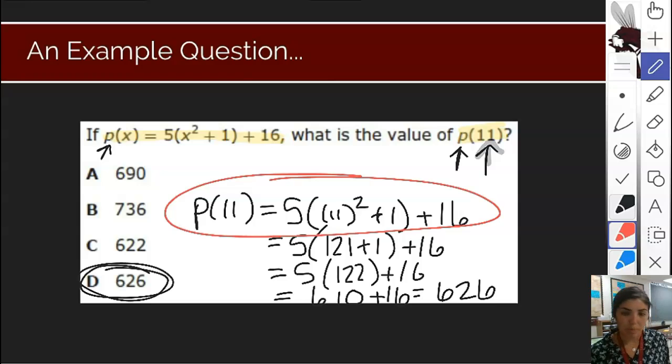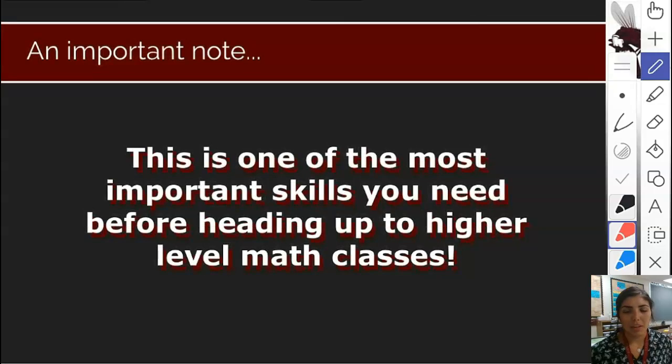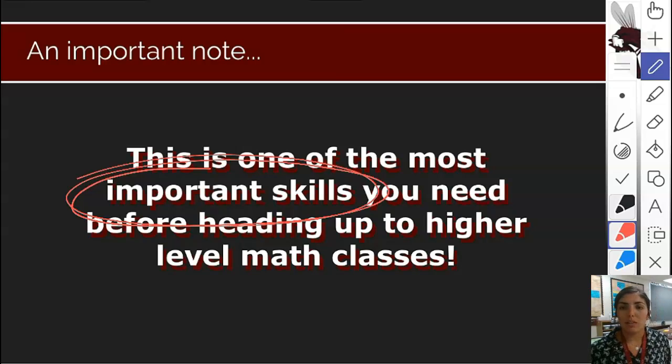Now, this is one of the most important skills you need to have before heading up to higher level math classes. Even our class, again, this sort of skill right here goes into things we're going to talk about called transformations in our class, as well as applications in transformations in Algebra 2, pre-calculus, calculus, and all the way up.